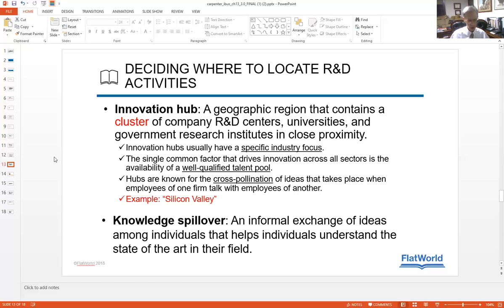Once you've got one of these clusters or hubs that is formed and is growing or has been completely formed, knowledge spills over from corporations to other people in the same neighborhood, in the same area, and without breaking laws, it simply creates a higher probability of productive interaction between the residents in that community.